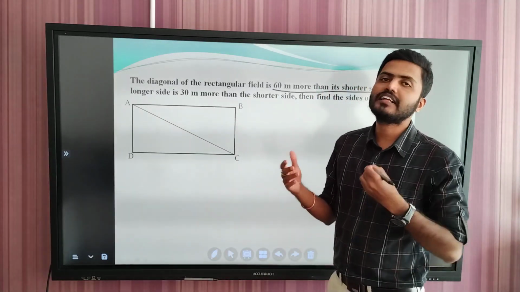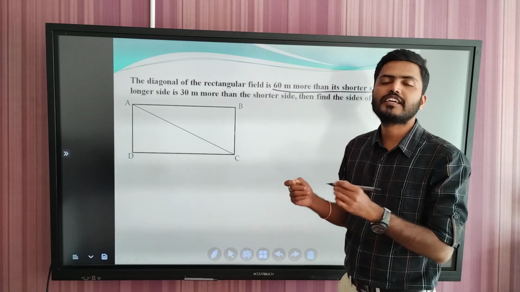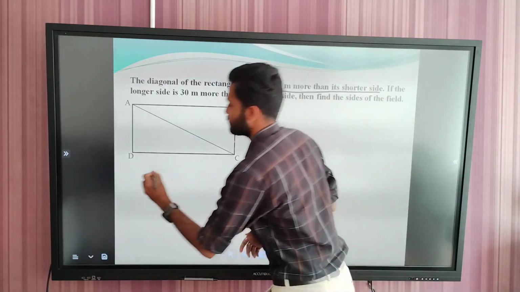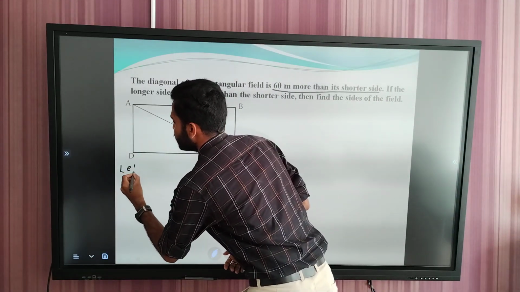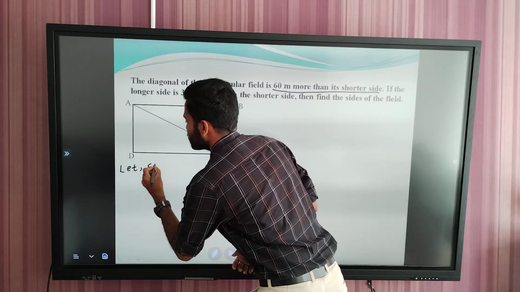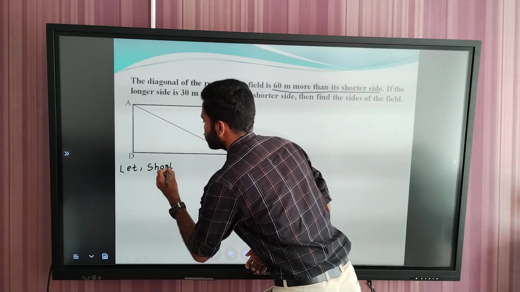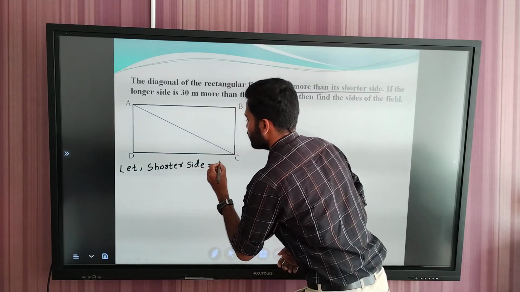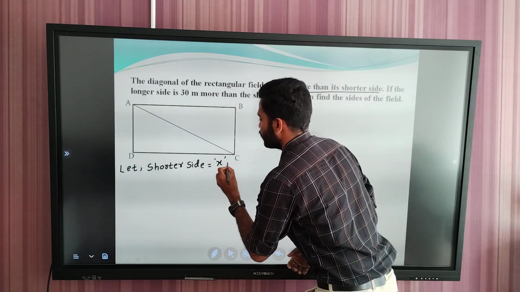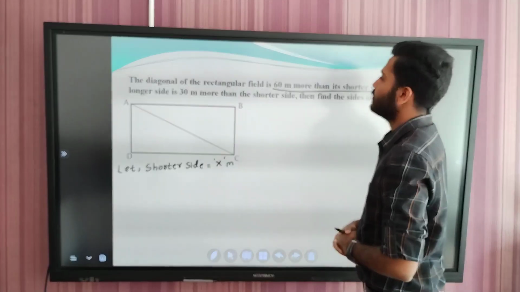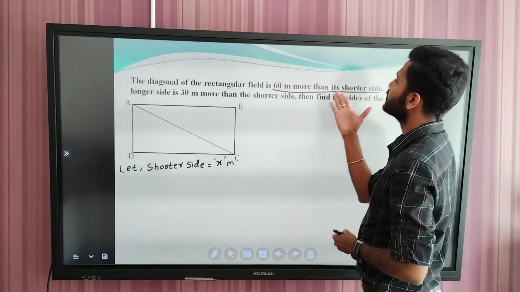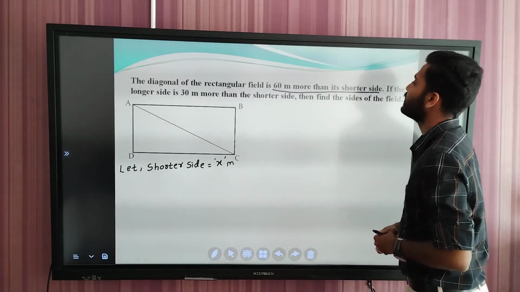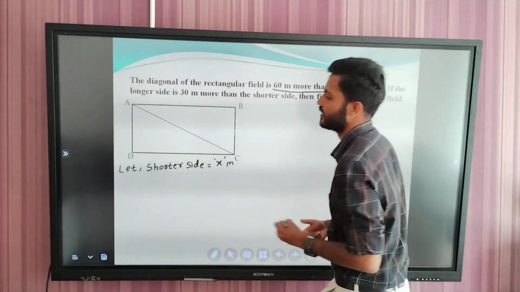So what we will do, we will consider, let the shorter side be equals to x meters. Okay, so let the shorter side be equals to x meter. You do not know. Then what I am telling, the diagonal of this rectangular field is 60 meter more than the shorter side.